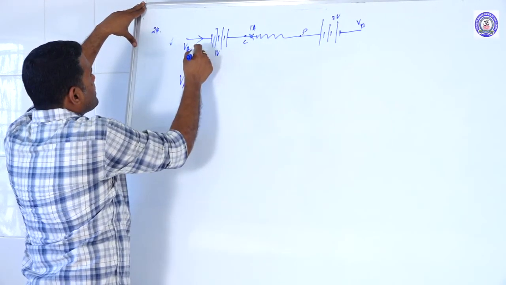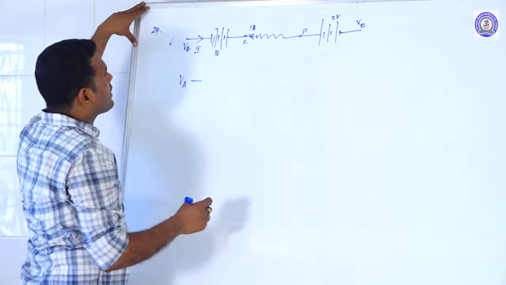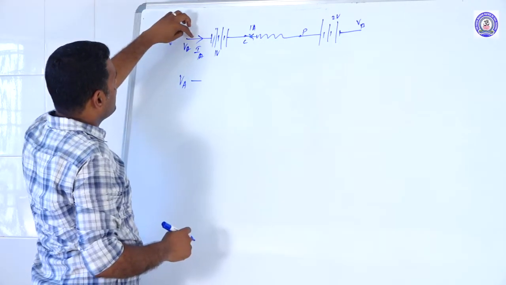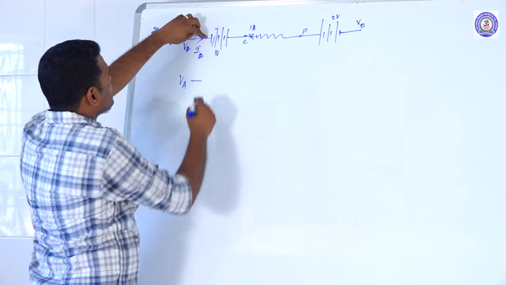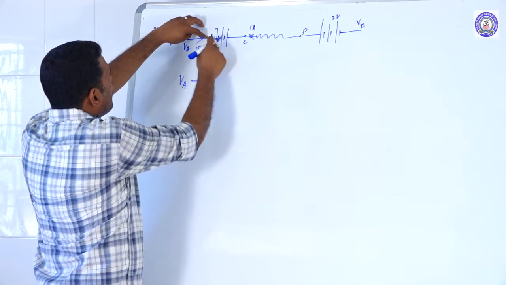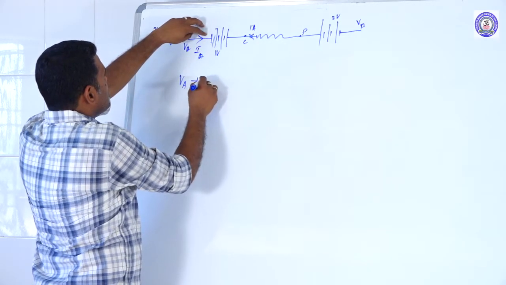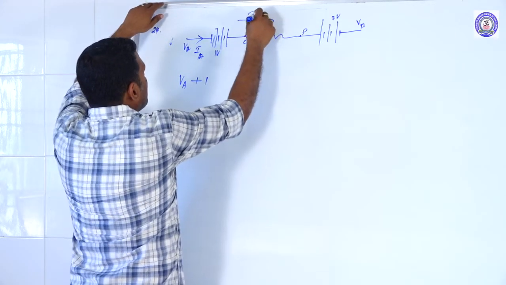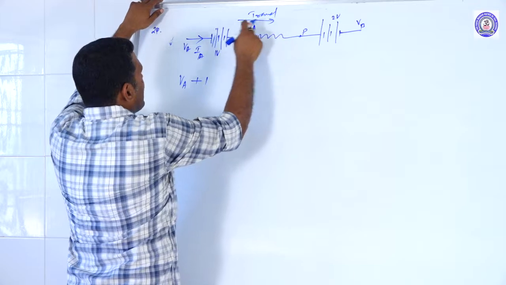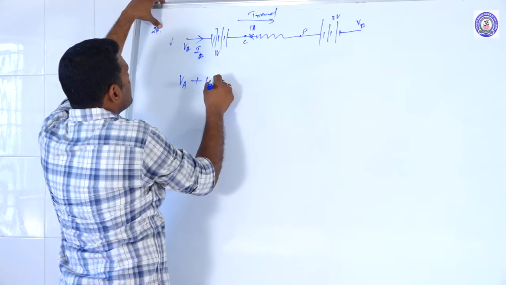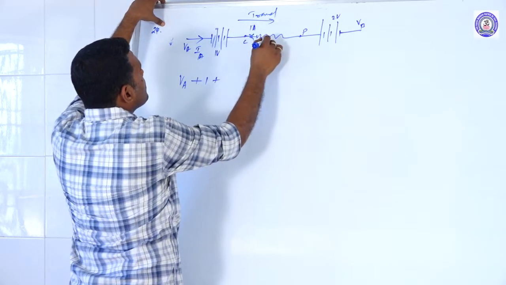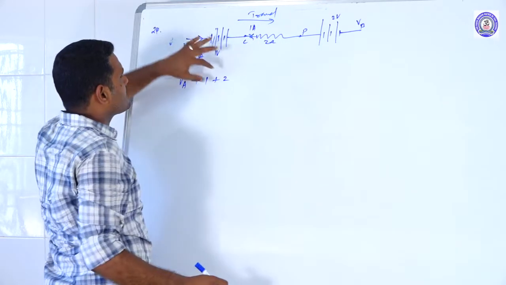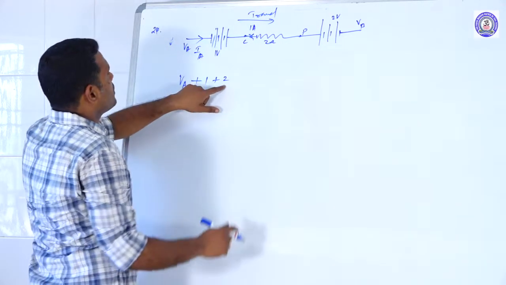So VA is the potential. As I am going along this direction, 1 ampere current is flowing through this path. We can say VA, then low potential to high potential, so it is positive, plus 1. This is the direction of travel where the current is in the opposite direction, so this is positive. 1 into 2 ohm is 2, so the product of current and resistance is 2 volt, so it is 2.